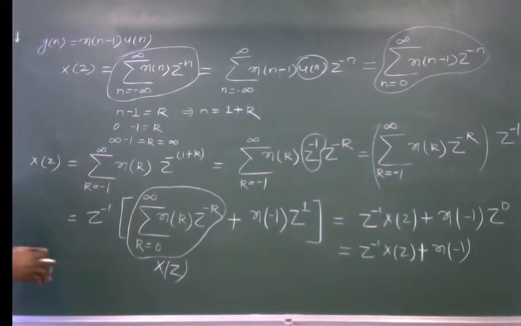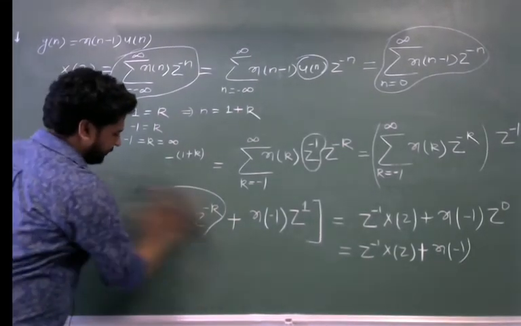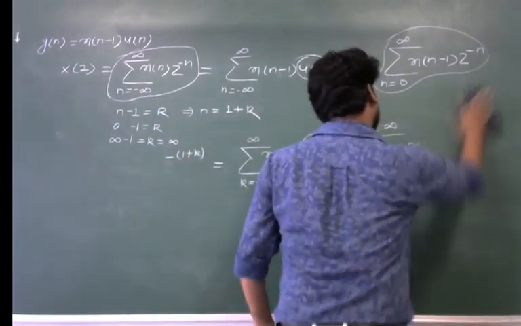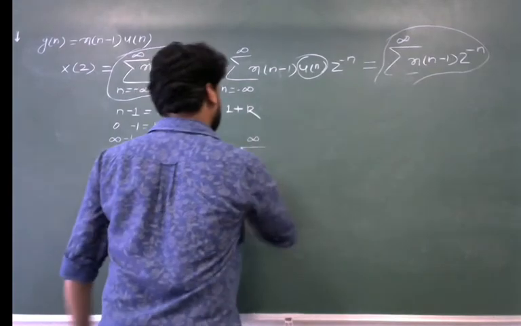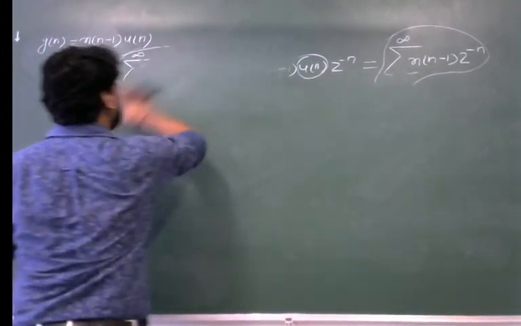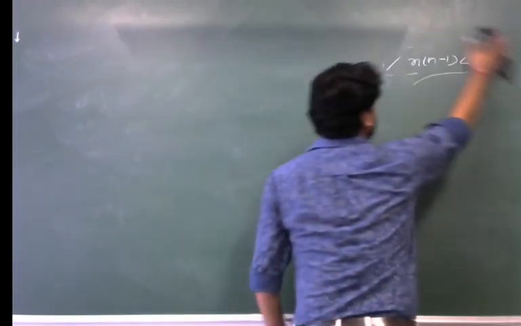Now consider another similar example, in which y of n is given as x of n plus 1 into u of n.